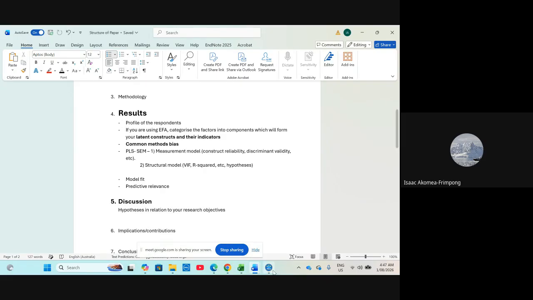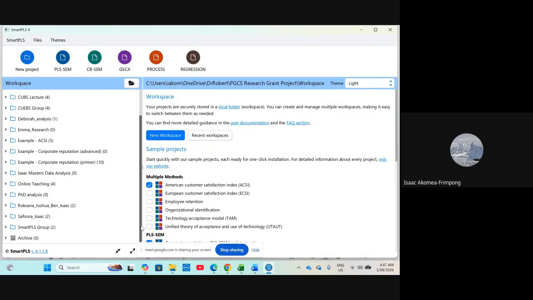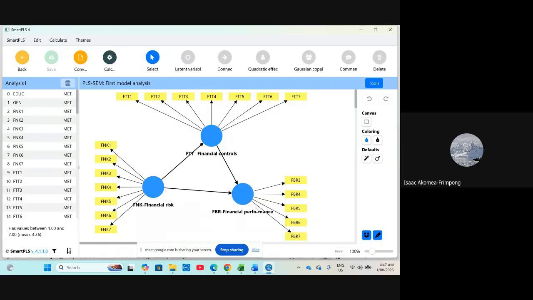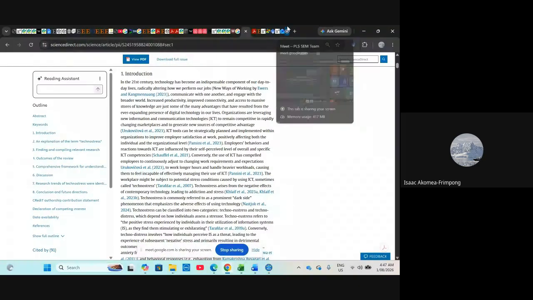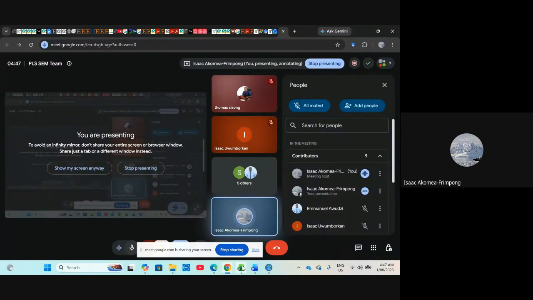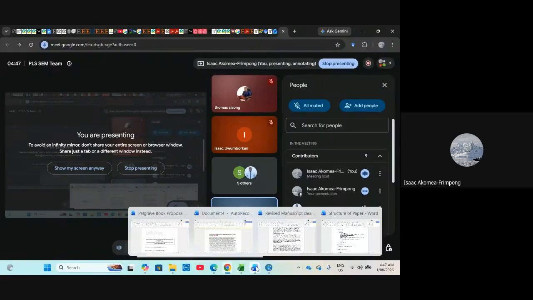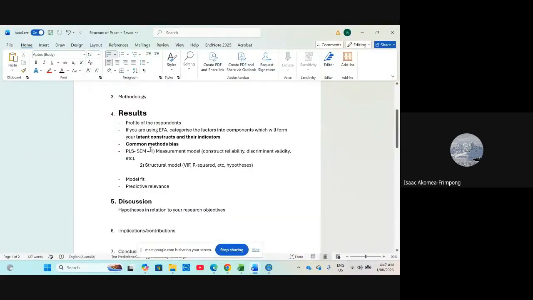Like, for example, if you run the PLS and you get some results, the results that you will get, when you copy them and paste them into this results section, they'll be part of my results, like the diagrams, the interpretations.